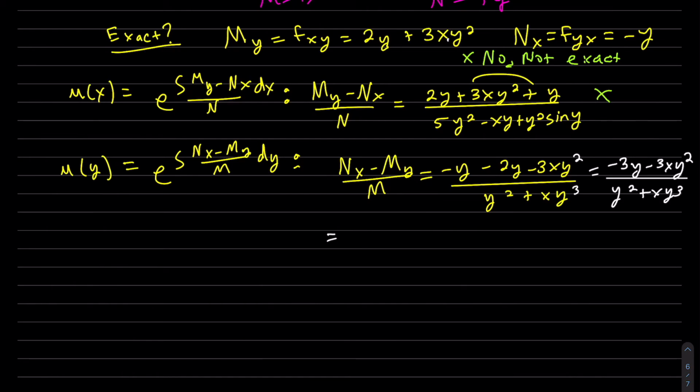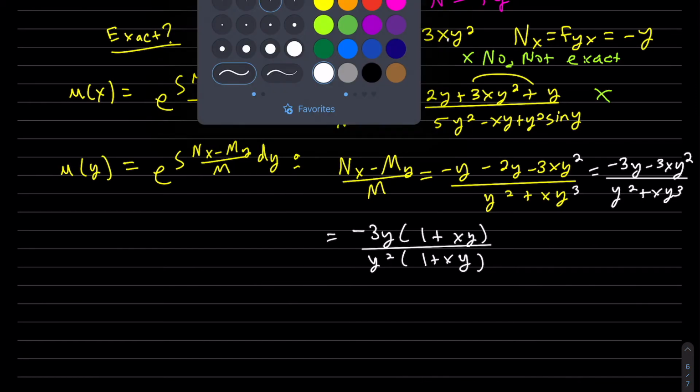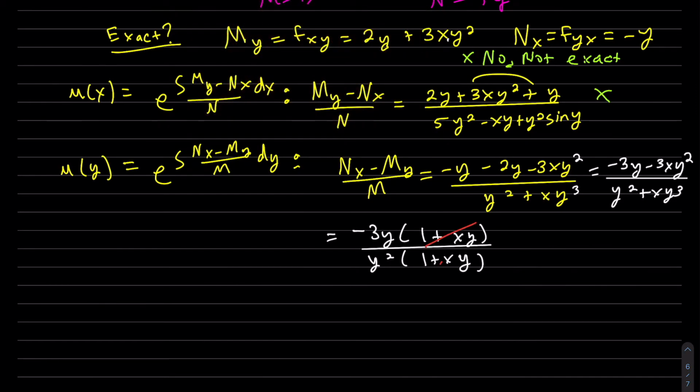On the top, we'll take out the negative. Bottom, factor out a y. Oh, how about a y squared? Oh, wow, look at that. That'll go away.